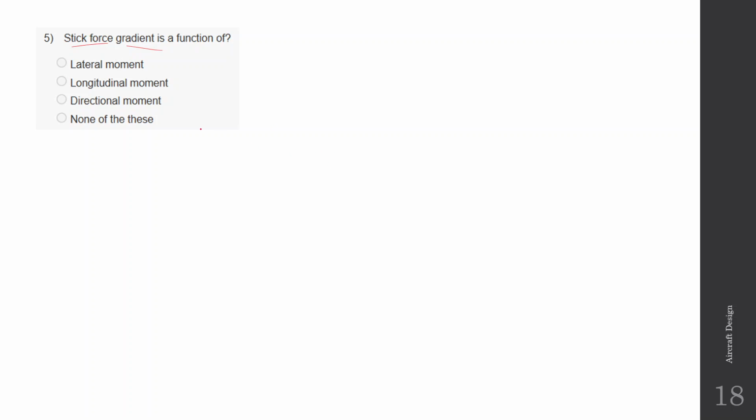And this is mainly dependent on the properties of the control surface rather than the aircraft moments. So stick force gradient is mainly a function of the hinge moment.